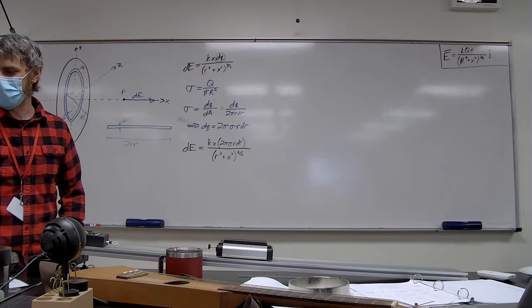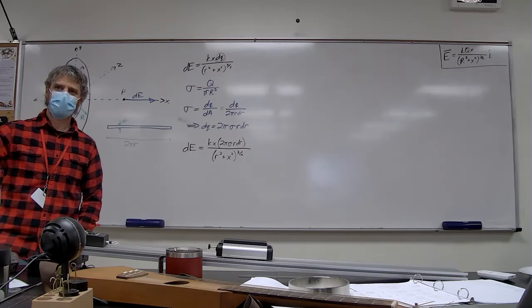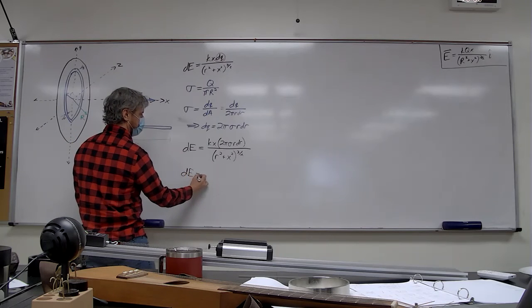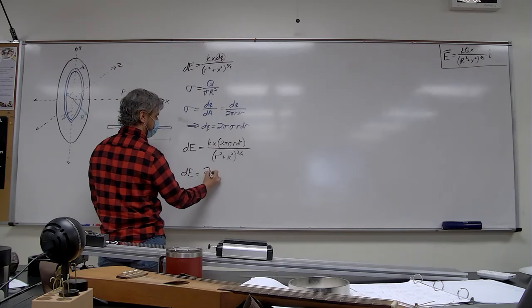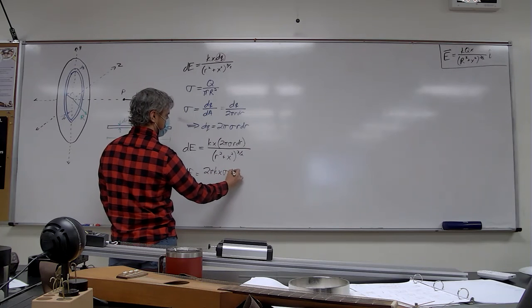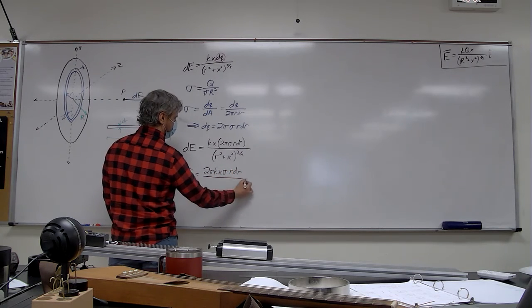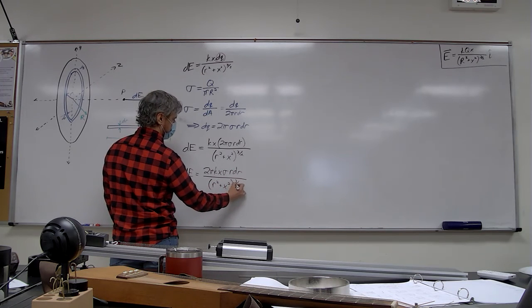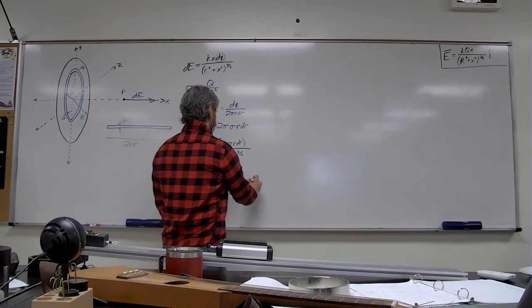I am very error prone, as you might have noticed. dE is going to be, I'm going to bring the 2 pi out in front, 2 pi times k x sigma r dr over r squared plus x squared to the 3 halves. Oh boy.